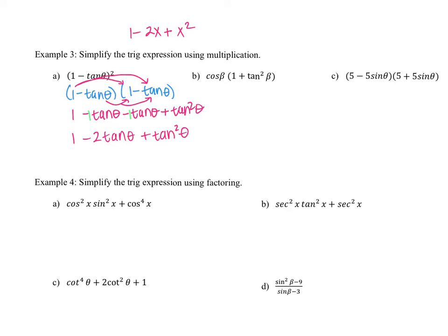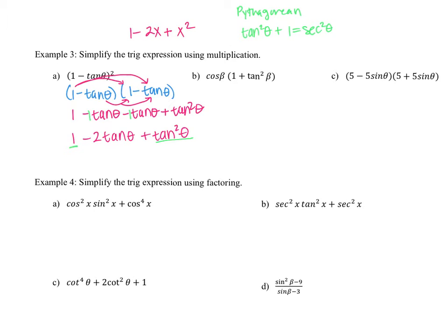The other thing that I do notice before I end this problem is that this has a 1, and this has a tangent squared. Anytime I have a 1 plus tangent squared, this is a Pythagorean theorem. So just as a reminder, there are 3 Pythagorean theorems, but one of them says that if you have tangent squared plus 1, it's equal to secant squared.